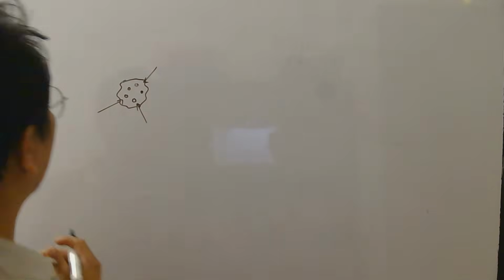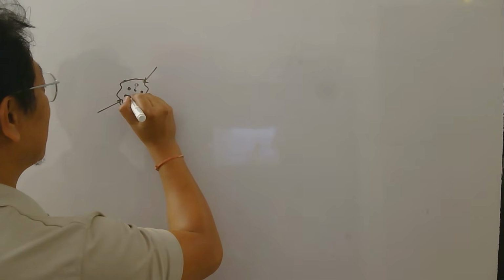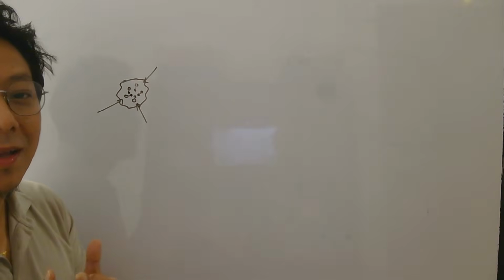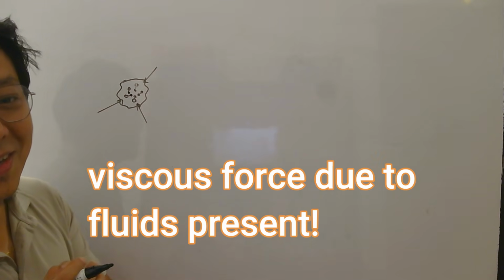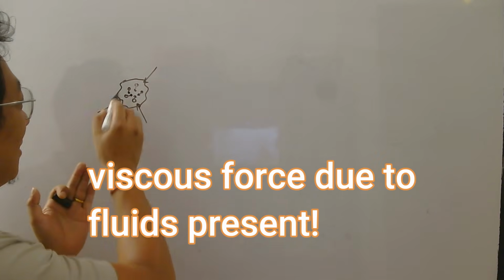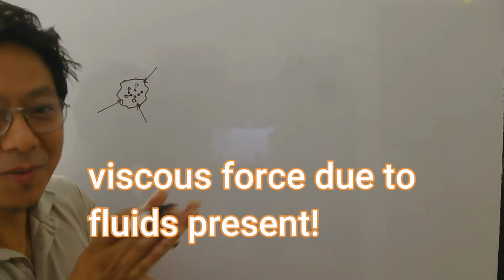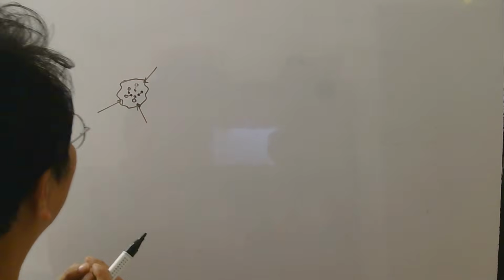And there may be some internal forces between these particles, which could be electrostatic forces between the charges, or some viscous force. Let's say there are some fluids inside, so because of rubbing between the fluids, there will be a viscous, frictional kind of force.